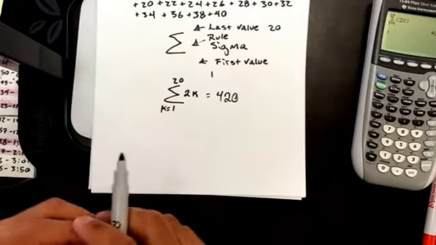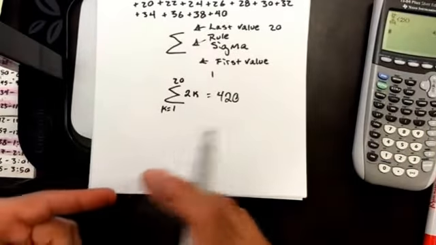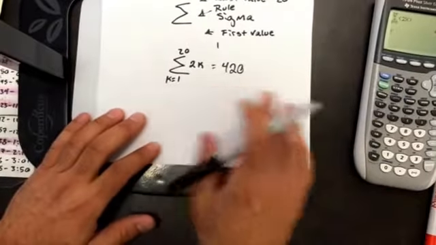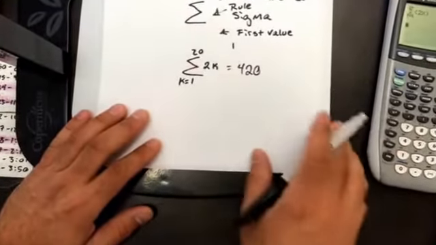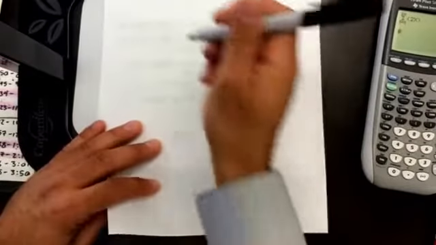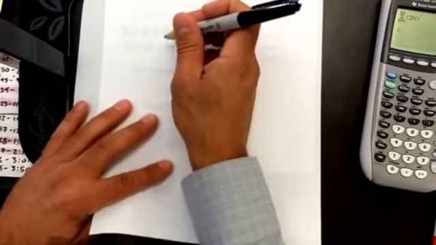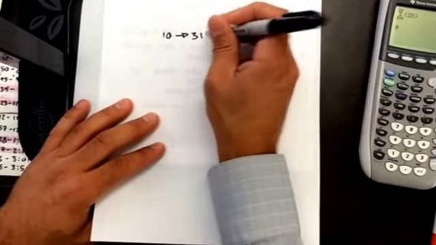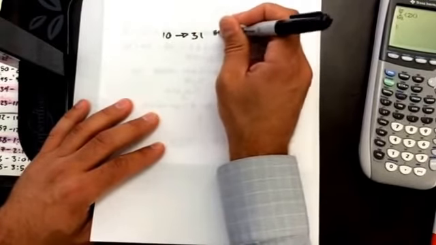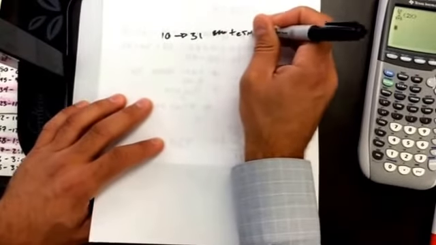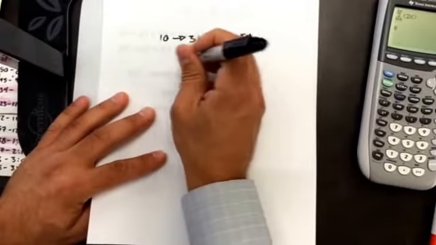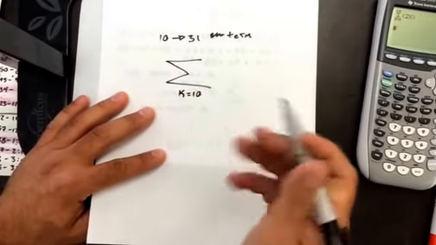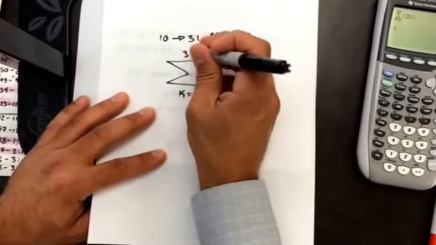I'm not going to make you guys do these on your own. I will, however, make you write summation notation for different things. So let's say I wanted to do this same pattern, okay, but this time I want to do the 10th through the 31st term in the sequence. Well, if I'm doing that, then my first value is going to be 10. I'm doing the 10th term through the 31st term.